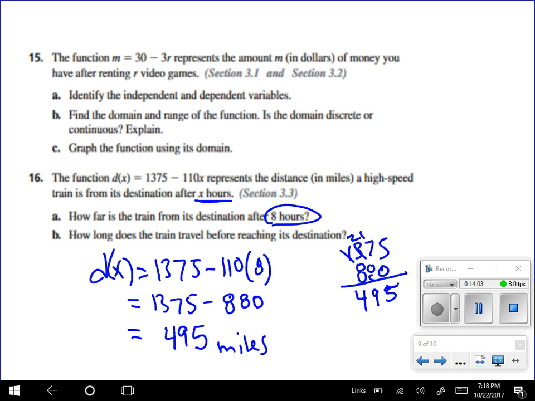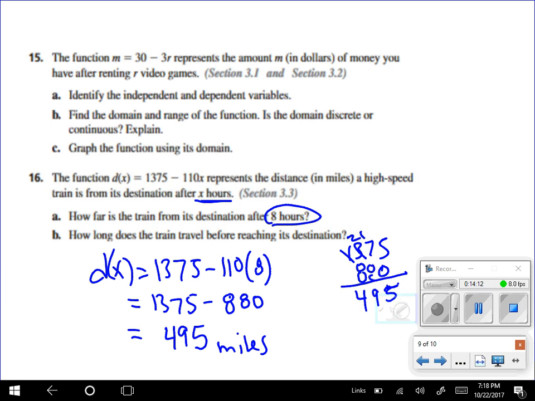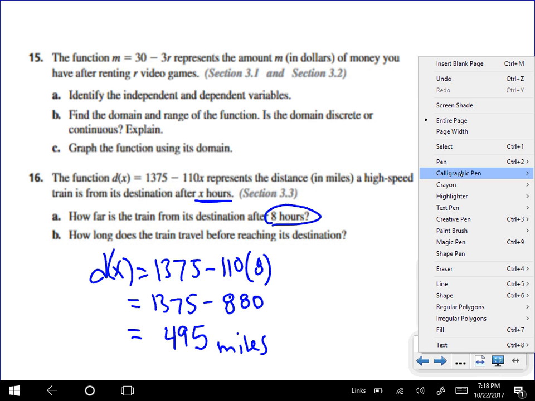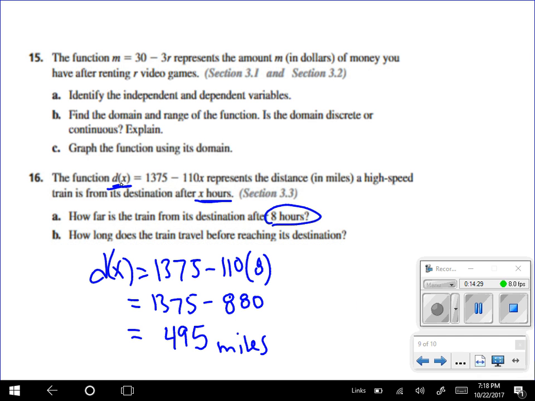Okay, because how long does the train travel before reaching its destination? So we have to think about where, if the train was at its destination, how many miles would it be from its destination? Well, it would be 0. So we would want to call d of x, the distance from the destination, 0. So we're going to plug in 0 right here. And we're going to solve for x, because that's going to tell us the time that we would be away.